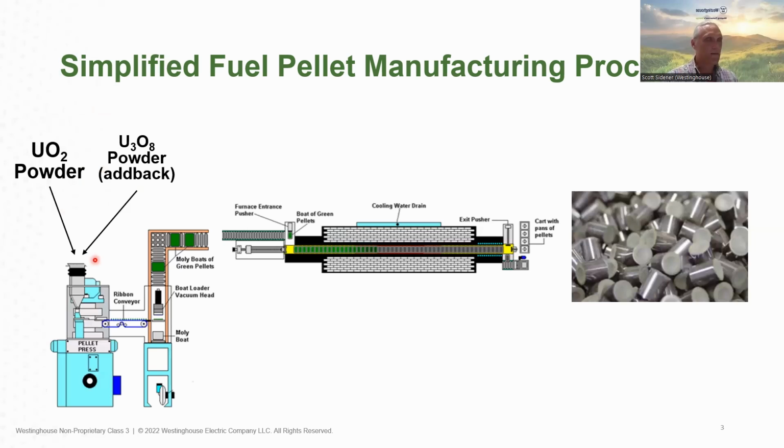I'll also mention that for the most part, there is a combination of two powders that come together to create the pellet: the uranium dioxide, as well as U3O8, which is used as an adjustment for the final theoretical density, or the final density we get out of the pellets. This is important. We call this add back. So a certain portion of the powder is U3O8.